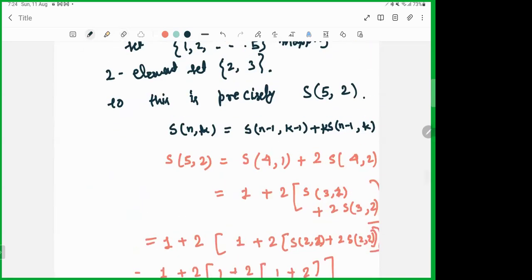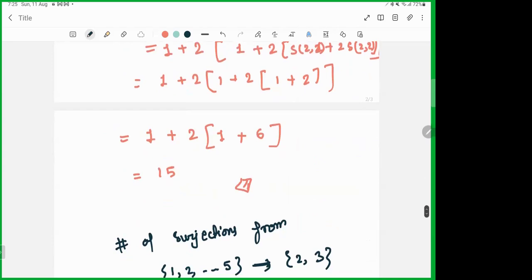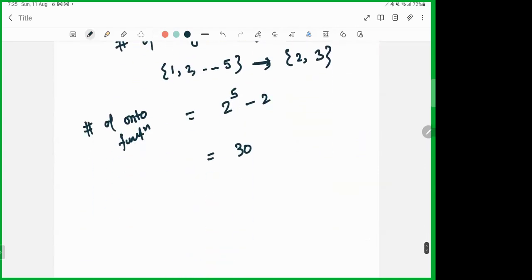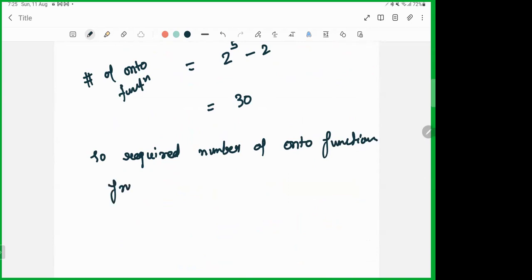So this is the way to do it. I have to correct what we have. So this is precisely 2 into S(5,2). So the required number of onto functions from the set 1 2 up to 6 to the set {1, 2, 3}.